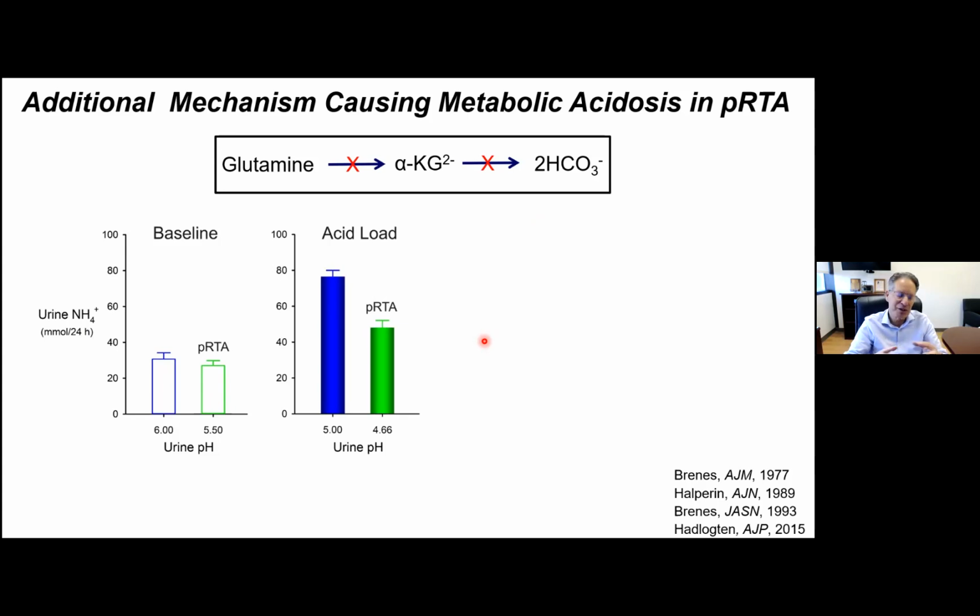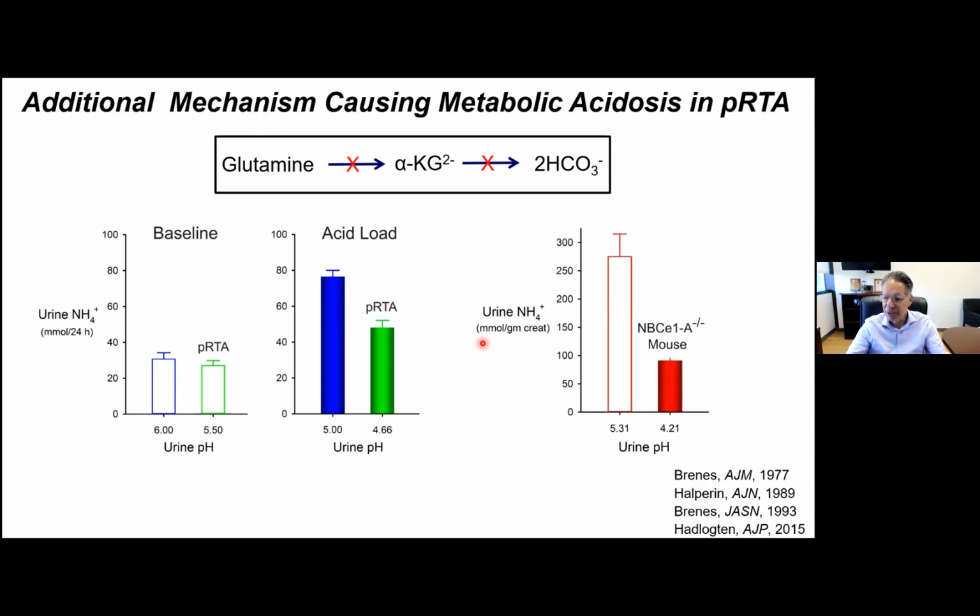Now, why that is, people hypothesize, well, maybe their proximal tubule pH is too high. There's something indirectly affecting the glutamine to 2-bicarbonate reaction here, possibly due, as I said, to abnormal intracellular pH, but no one really knows.